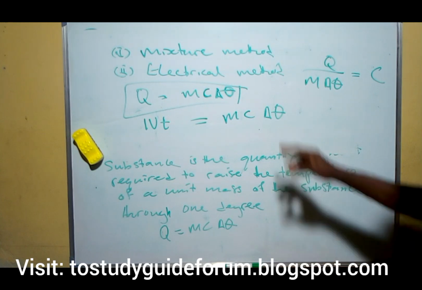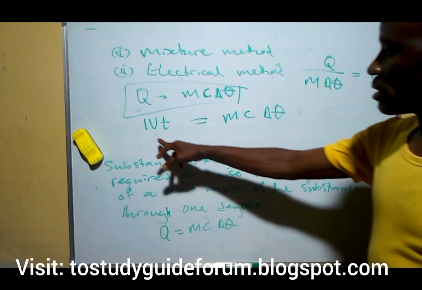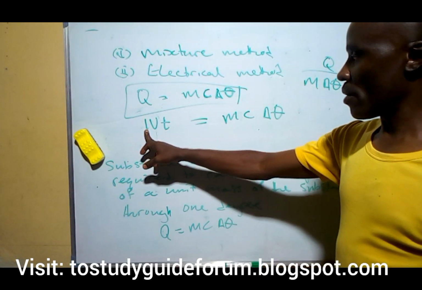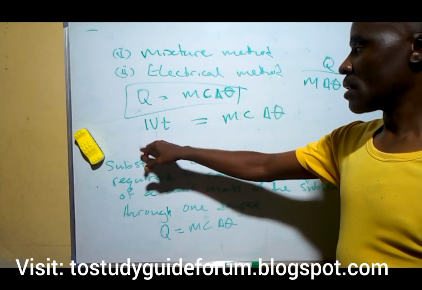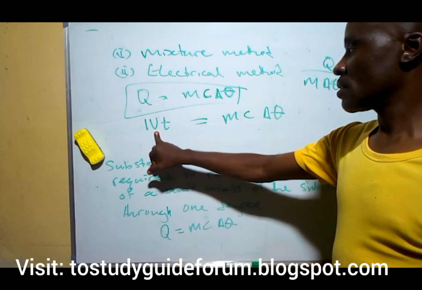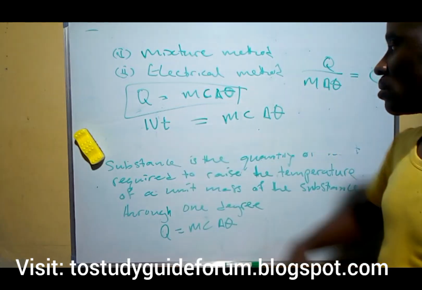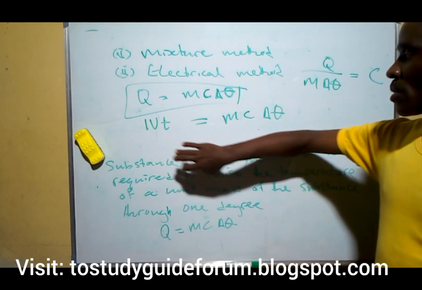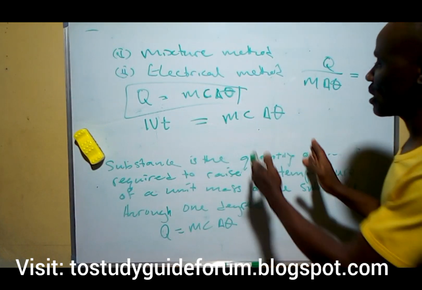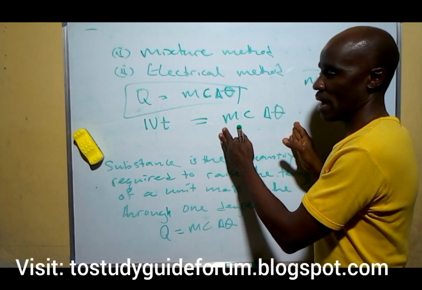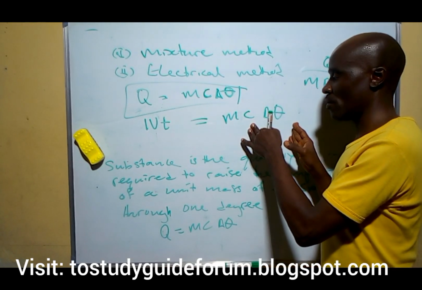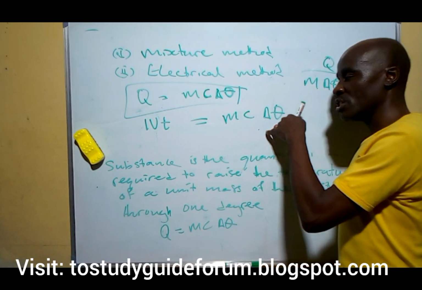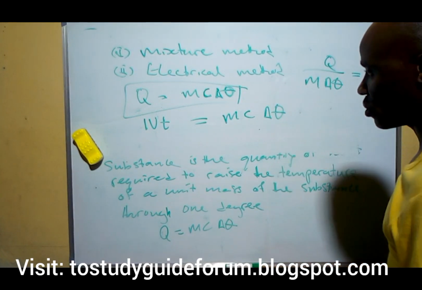So for the second one, the electrical method, you know that current times voltage times time in seconds is equal to energy, and on the other side of it, the mass times specific heat capacity of the substance times change in temperature, they are also equal.